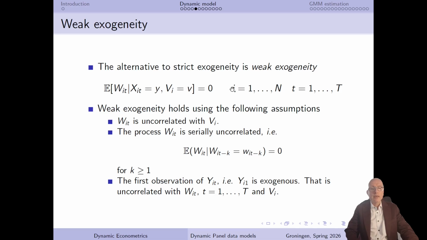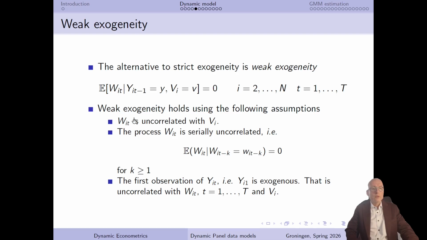Of course, again, i is going to run till capital N, and t is going to run from 1 till capital T. But we should realize that x_it in our case is equal, of course, to y_it minus 1. So we can also write it like that. And that means that weak exogeneity implies that w_it should be uncorrelated to y_it minus 1 as well as with respect to v_i.